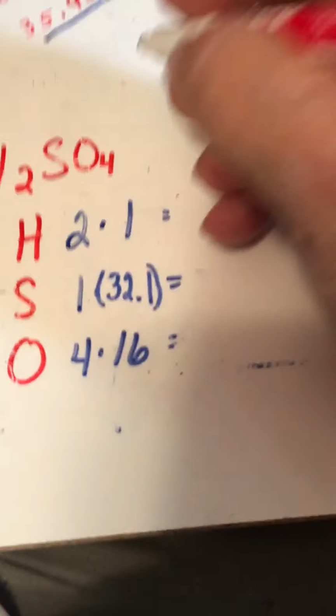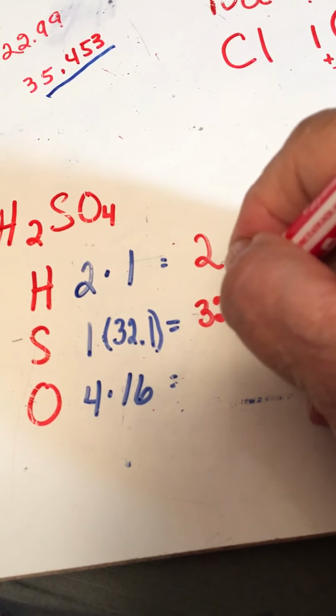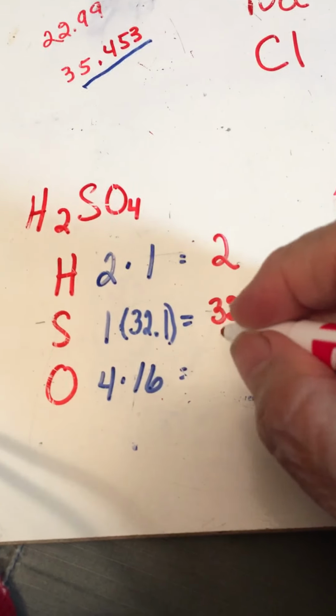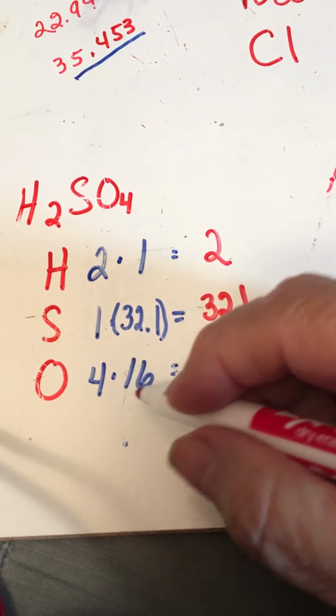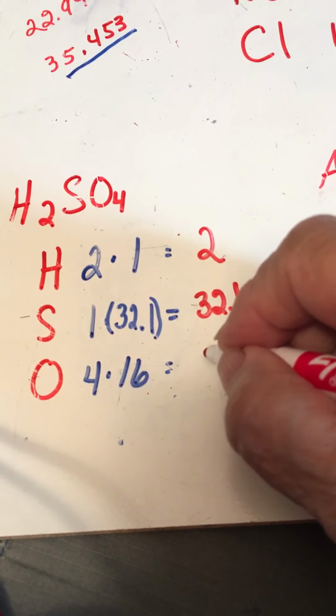Now I multiply across, so we have 2, 32.1, and yes, you have to leave that 1 there. We do it to 1 decimal place, and 4 times 16 is 64.